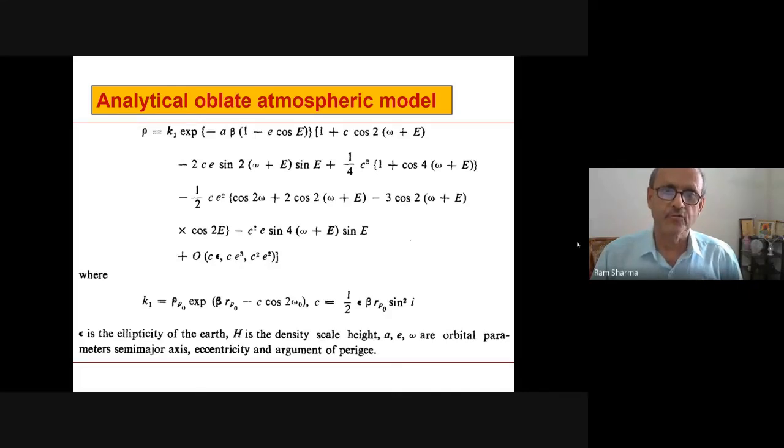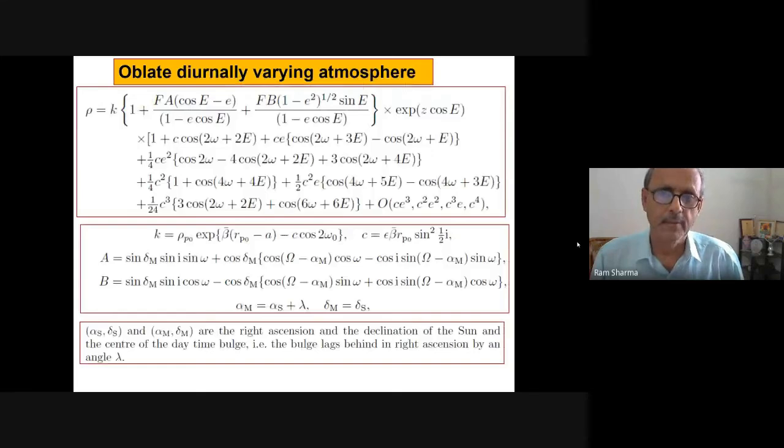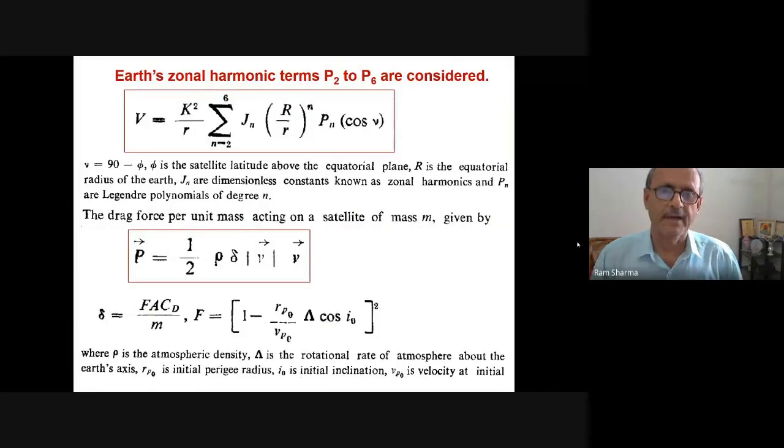But if I had used this value diagonally, which I used later in my numerical work, things would have come out wonderfully well. But with the oblate model, these results came, and I used J2 to J6 in this model, and all other things we took perfectly.